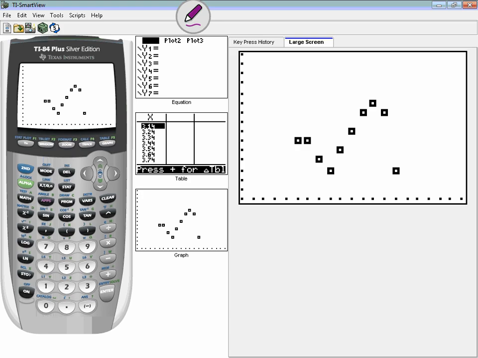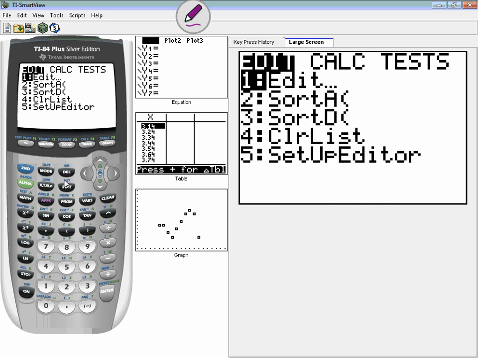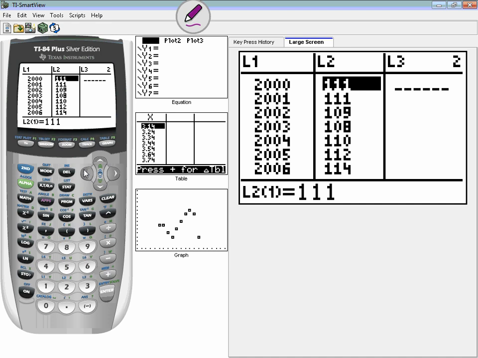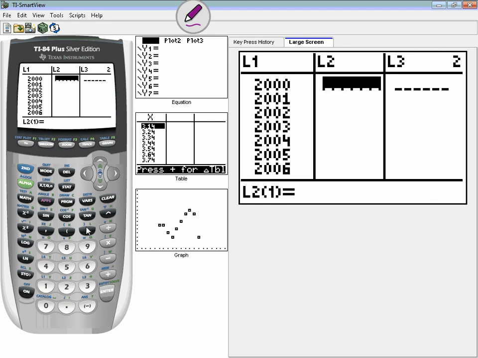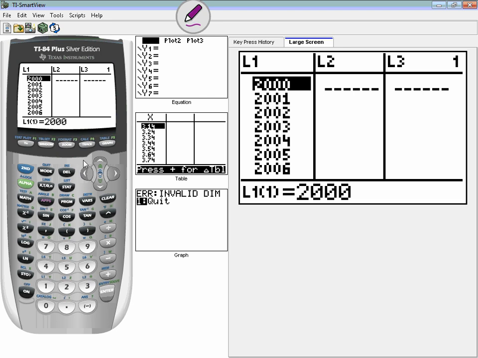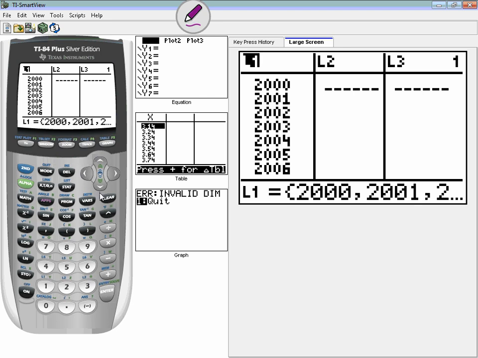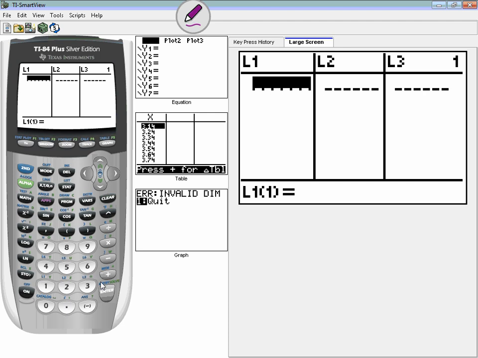So do we remember where to go? Stat. What do we pick? Edit. Okay, now to get all these numbers out of here, arrow up so list 2 is highlighted, but just push clear, okay? And then enter. Do not ever push delete because then you delete your whole thing and it's gone. So just clear the values, okay?